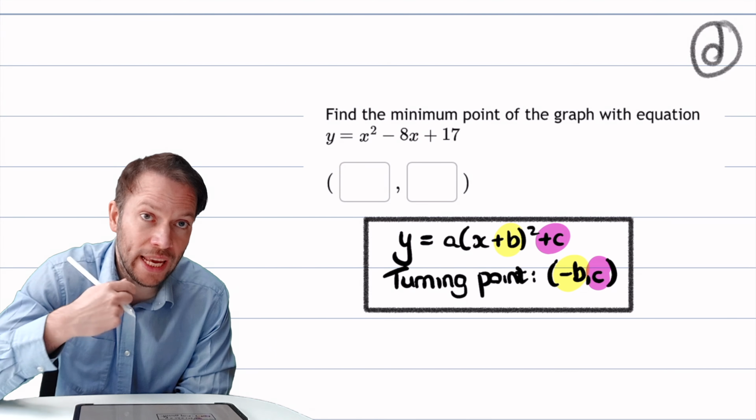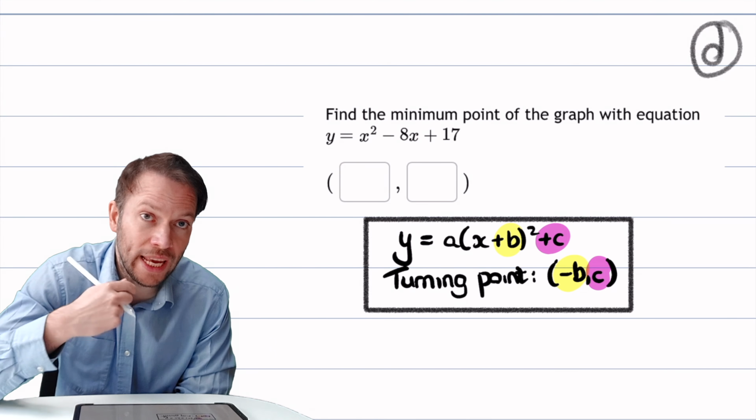Half of minus 8 is minus 4. It's that squared. And then whatever that value is, you square it and throw it away. So minus 4 squared is positive 16, and then you throw away the 16. So there's always going to be a minus after this, minus 16. And then finally this plus 17 here, you just copy down.